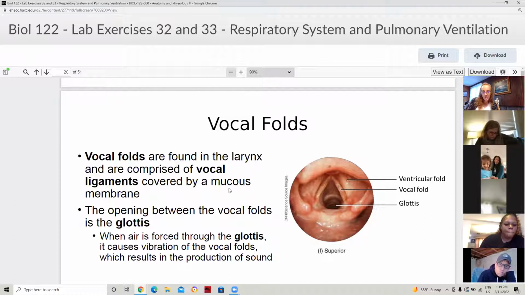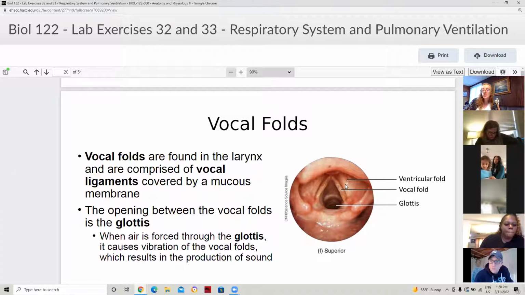But vocal cords. So vocal cords are found in the larynx and are composed of vocal ligaments covered by a mucous membrane. Here's the ventricular fold. Here's the vocal fold. Oftentimes we would call the ventricular fold a false fold because it looks kind of like the vocal fold, but it isn't.